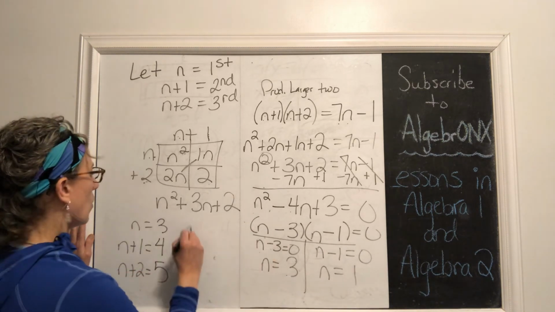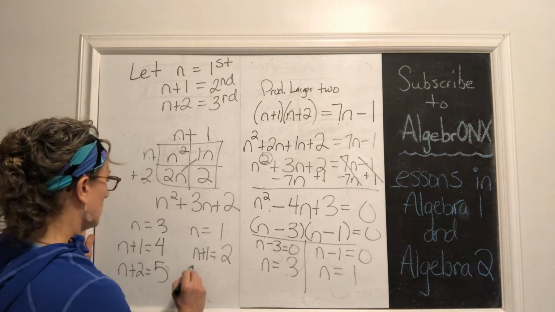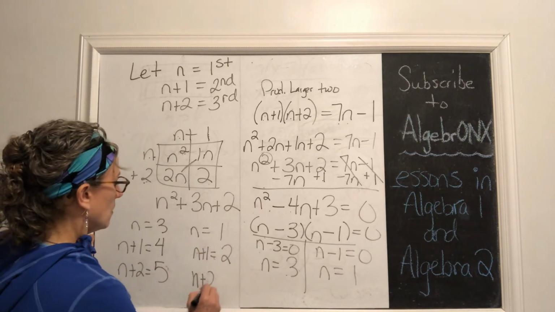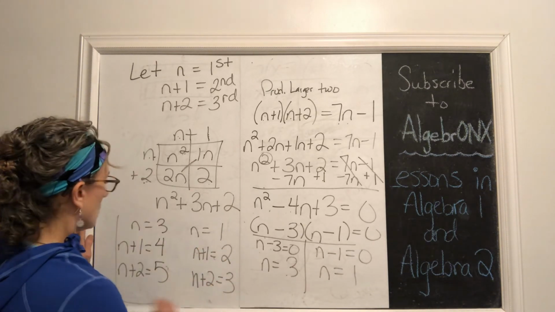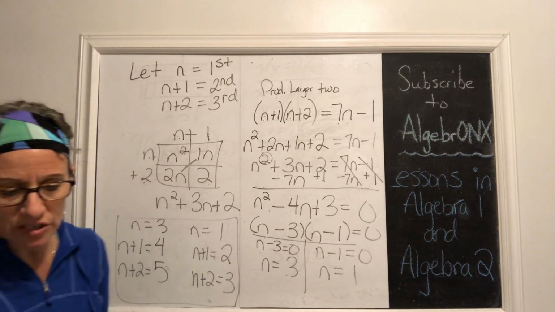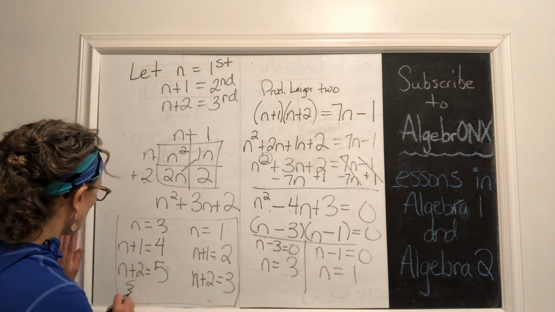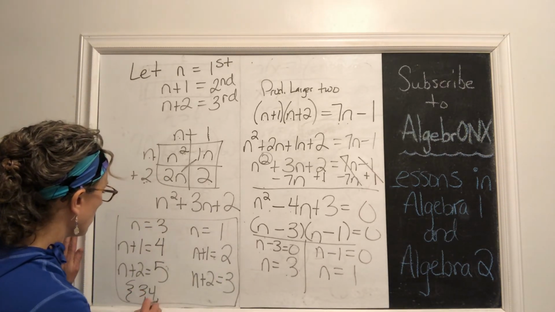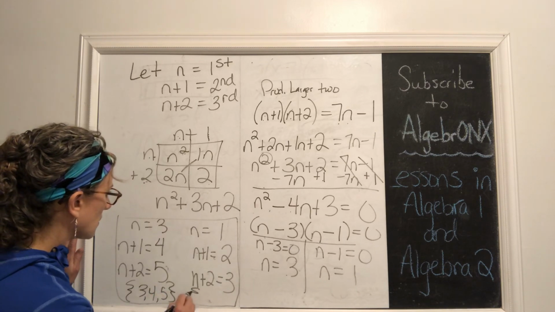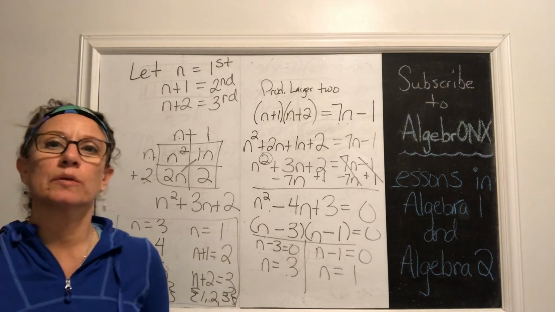When n is 1, my numbers are 1, 2, and 3. There are my two sets of numbers that satisfy the conditions. So we're good. If you need to put them in solution set notation, {3, 4, 5} with the curly brackets, {1, 2, 3} also with the curly brackets.